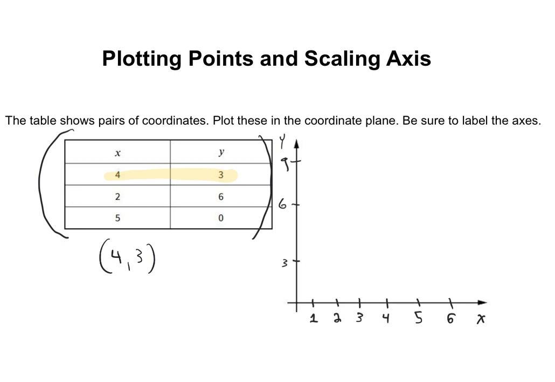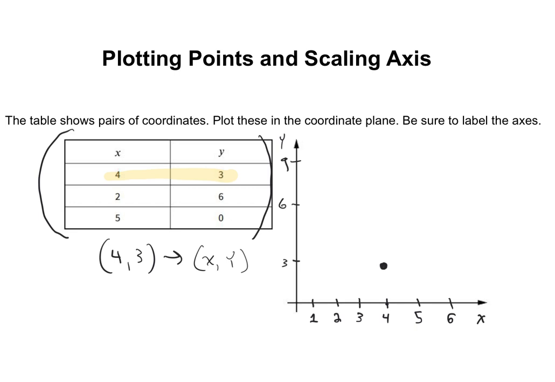And so I can go find, again, that is always x first, y second. So I can find 4 on my x-axis, which is right here, go up to 3 on my y-axis, and plot my point right there. So that is the point where x is 4 and y is 3.